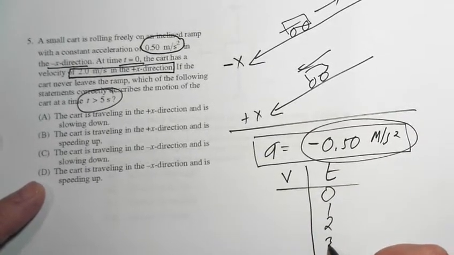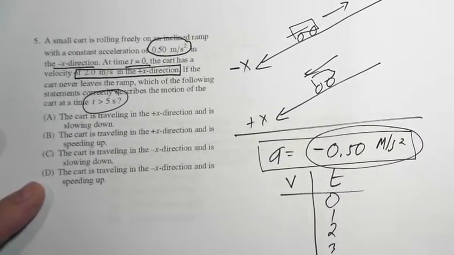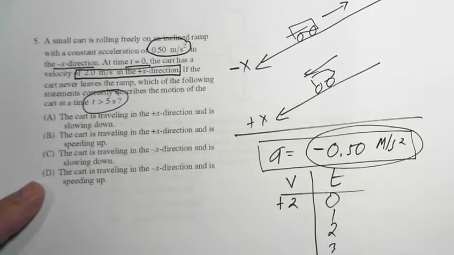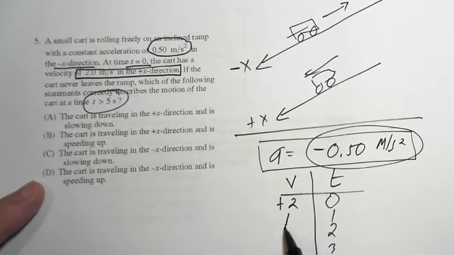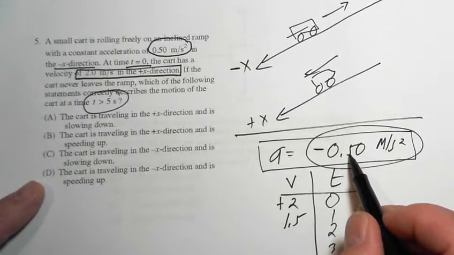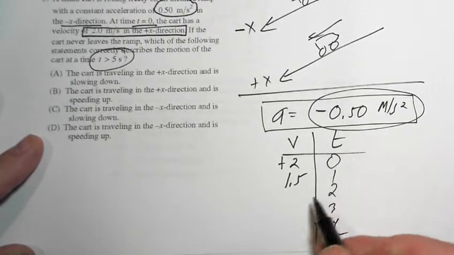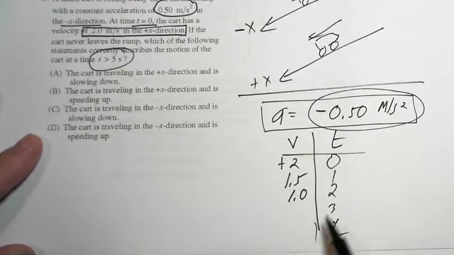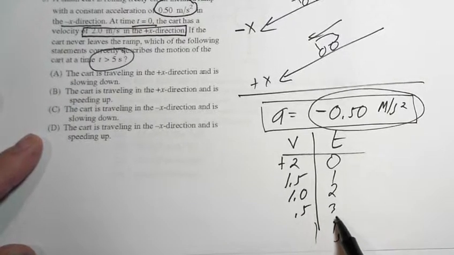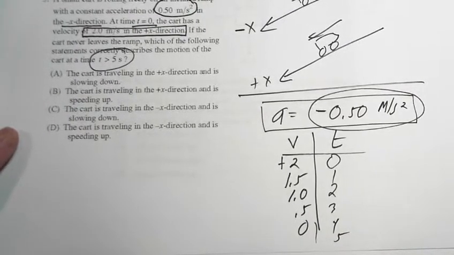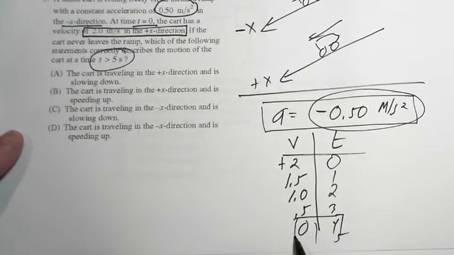It starts out at plus 2. Add negative 0.5, it goes down to 1.5. Another second goes by. Add negative 0.5, goes down to 1. And keep going. You're going to see that at 4 seconds, this thing has no velocity.